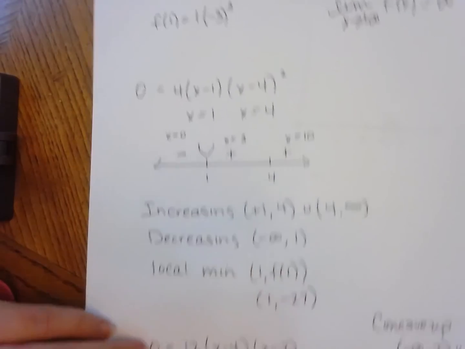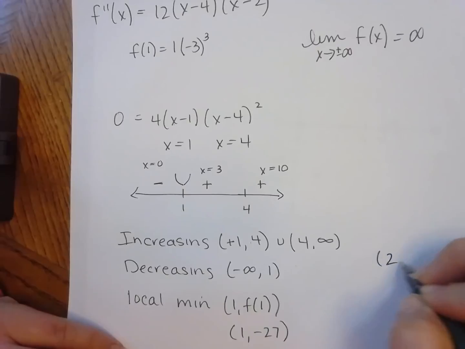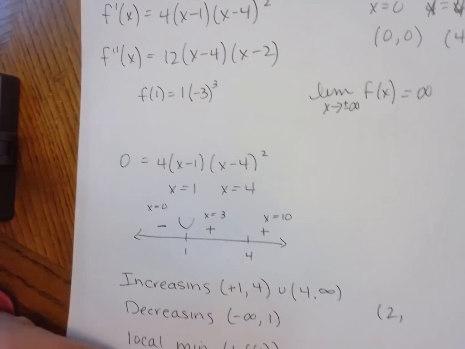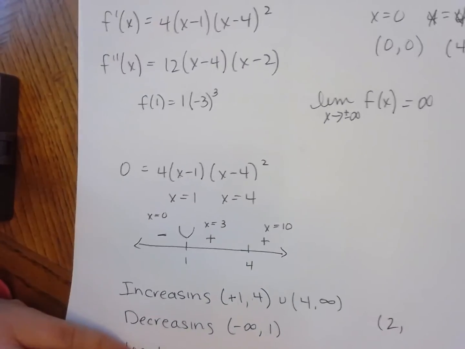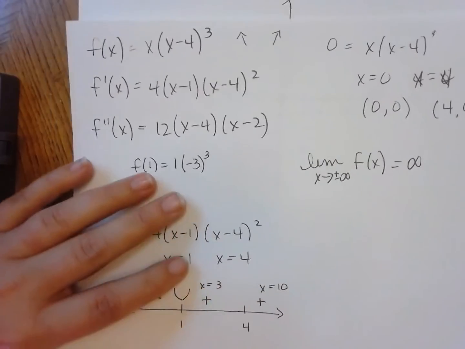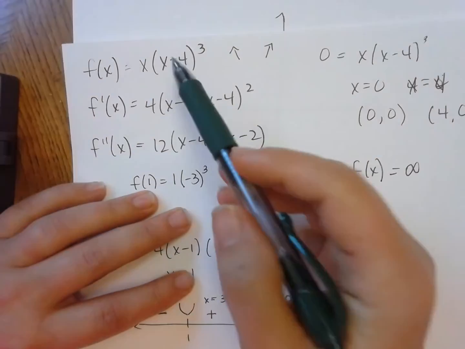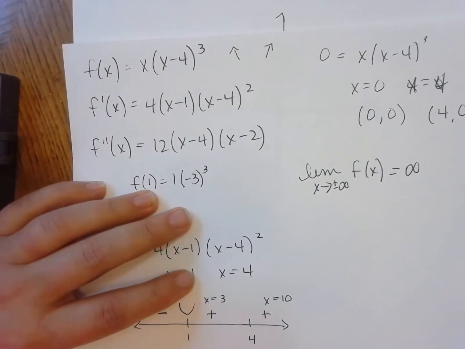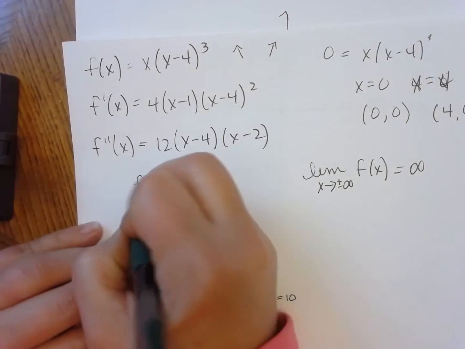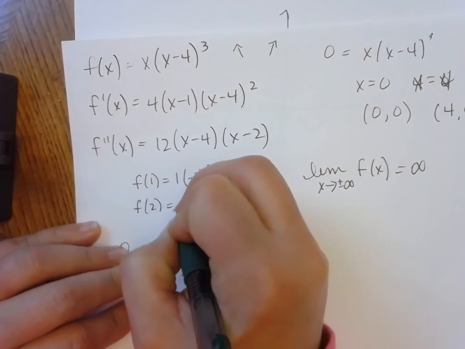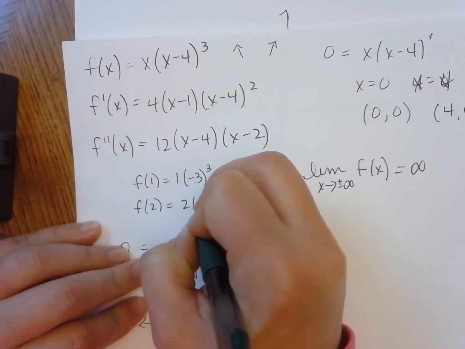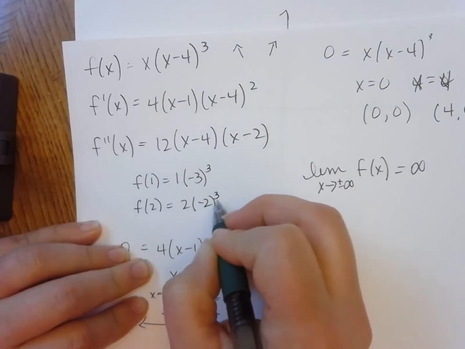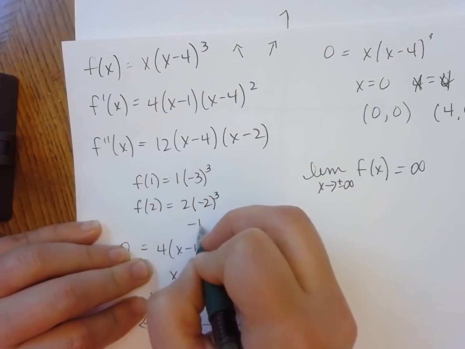And then I also want to figure out, because I need to put the other point of inflection, which is 2, on the graph. And so if I plug in 2 into f, right, I only go back to f for when I'm putting the point on my graph. So f of 2 is 2 times negative 2 cubed. So this is negative 8 times 2, which is negative 16.